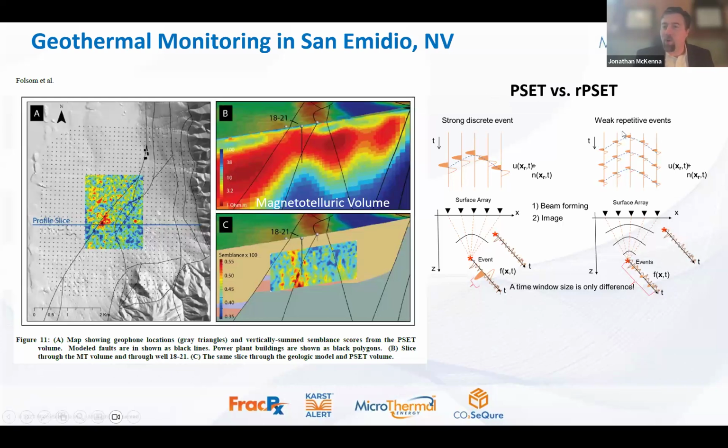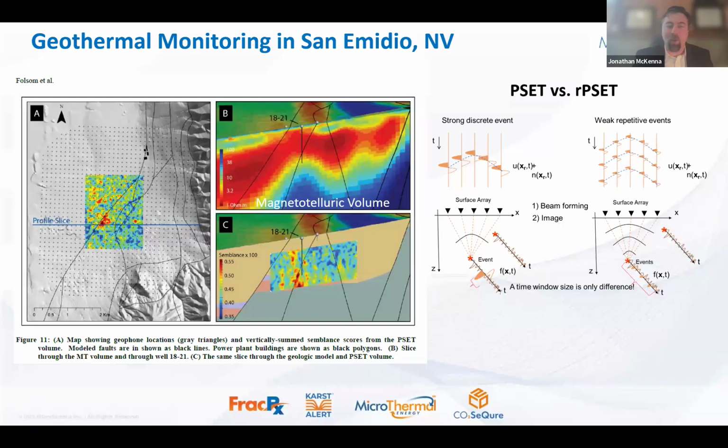So we listen for more weak repeated events in the whole geothermal system, and the difference is we look at a longer time window. So we can use PSET to locate individual fractures, and then we open up our time window to listen for more repeated events that tell us where the fractures are located.